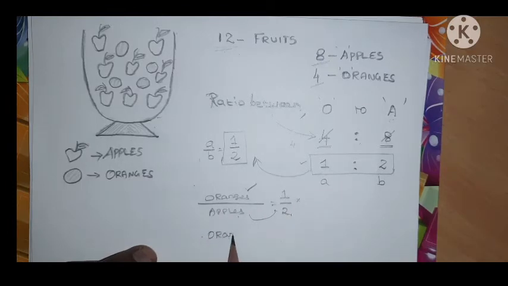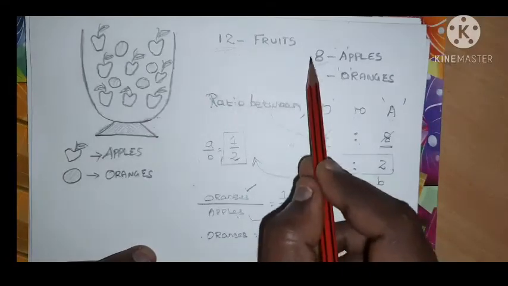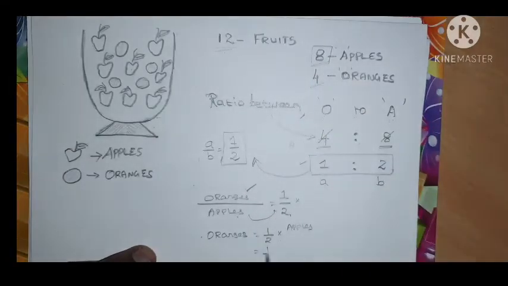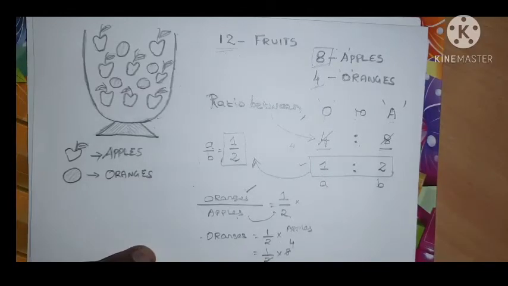So oranges is equal to 1 by 2 into apples. How many apples are there inside the bowl? 8 apples. If I substitute 8 here, we cancel these two: 4 twos are 8. Hence, how many oranges are there? 4 oranges. That is exactly what we got. This is the cross verification.